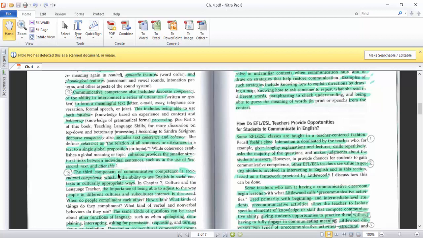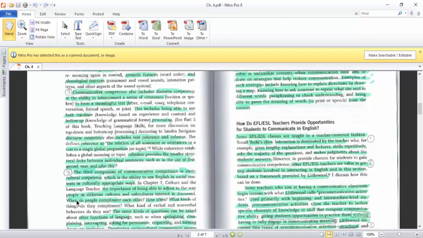The third component of communicative competence is socio-cultural competence, which is the ability to use English in a social context in a culturally appropriate way. The importance of being able to adjust to the way people in different cultures and subcultures interact is discussed.